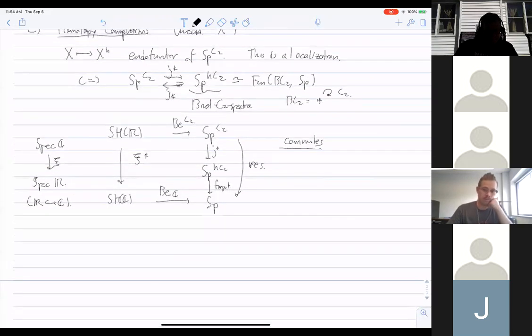So if I want to understand the homotopy completion, the upshot of this discussion is that I better understand what's going on at the level of complex Betti realization. So as a first step, understand the complex story.